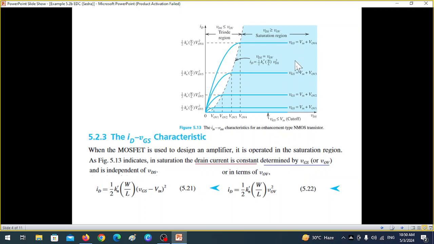So the value of VGS will determine where this graph will get straightened. And this is the formula for ID in the saturation region, and this can be further simplified. We know VGS minus VTN is VOV, so this is a further simplified form.